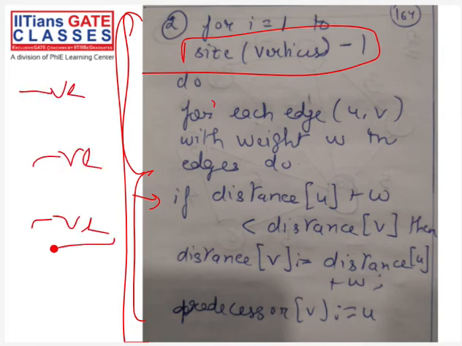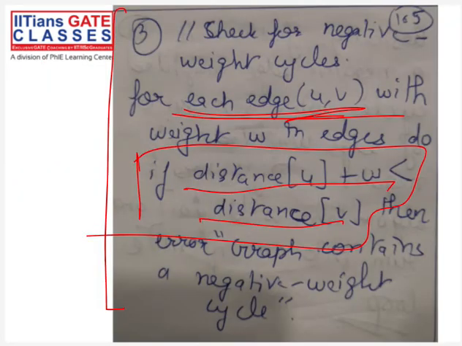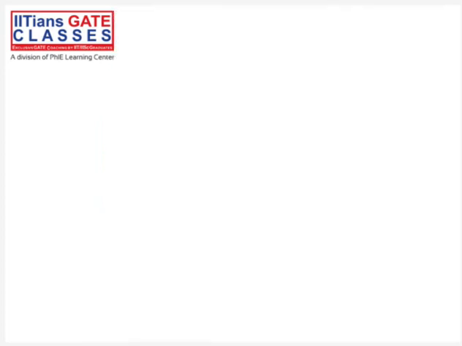So the Bellman-Ford algorithm actually helps you identify whether a particular graph has a negative edge weight cycle or not. If it has a negative edge weight cycle, you actually cannot find the single source shortest path using the normal Dijkstra's algorithm. You need to make some modification so that you get the correct single source shortest path, right? So this algorithm is used to find whether a particular graph has negative edge weight cycles or not. Is this algorithm clear to everyone?